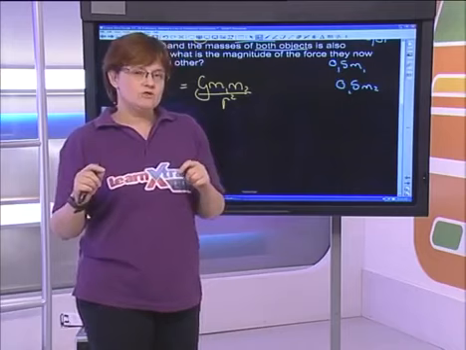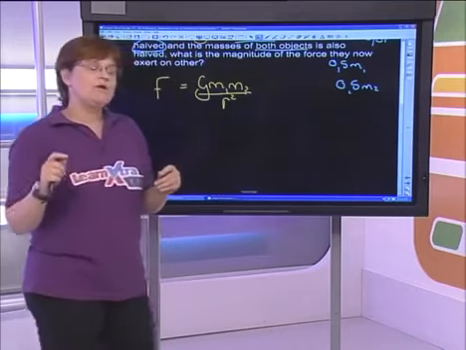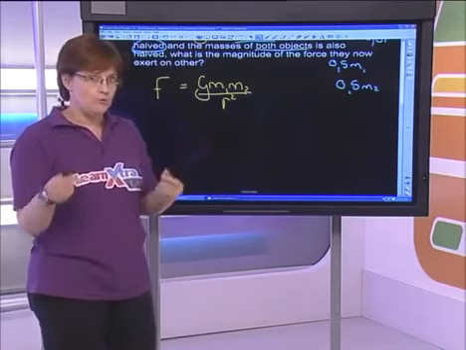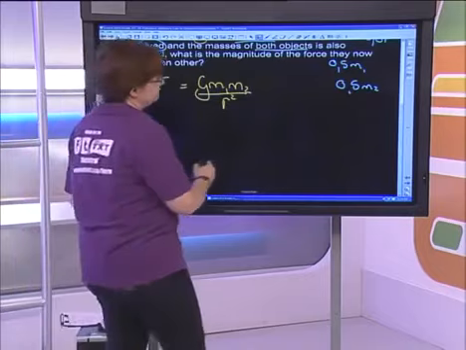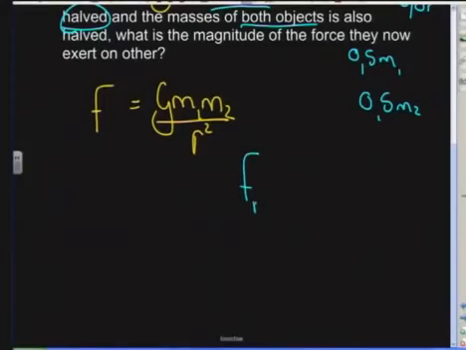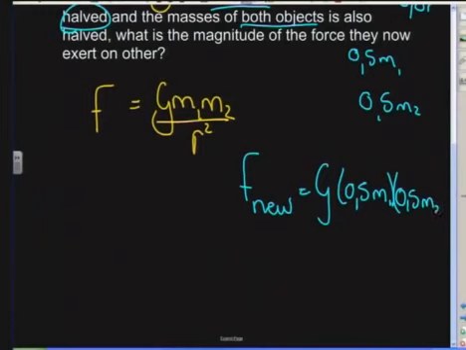So what I want to show you is a little bit of a trick where you look for something you know. That's my trick. So watch what we're going to do. My new force is G times my new mass, which is half of the original one, times my other new mass, divided by my new distance squared.